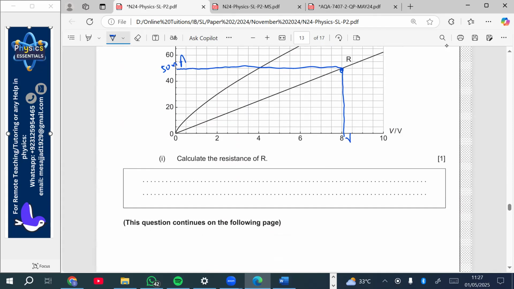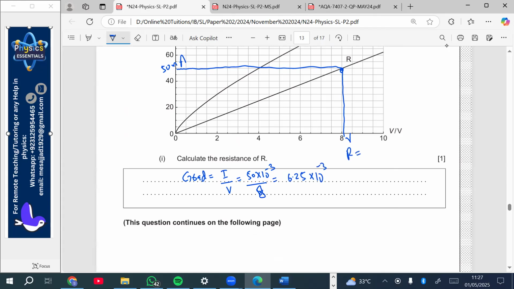The gradient here is going to be rise over run. Rise is I and run is V. So it's 50 into 10 raised to the power minus 3 over V, and from here the answer is 6.25 into 10 raised to the power minus 3.